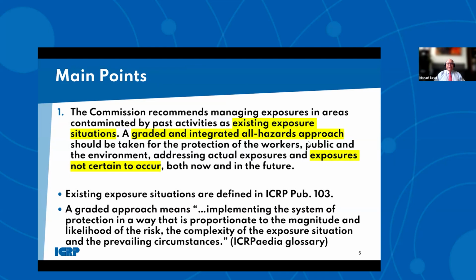And then there's this sentence with a lot of terms I'll want to explain to you, where we say a graded and integrated all hazards approach should be taken for the protection of workers, the public, and the environment, addressing actual exposures and exposures not certain to occur, both now and in the future.